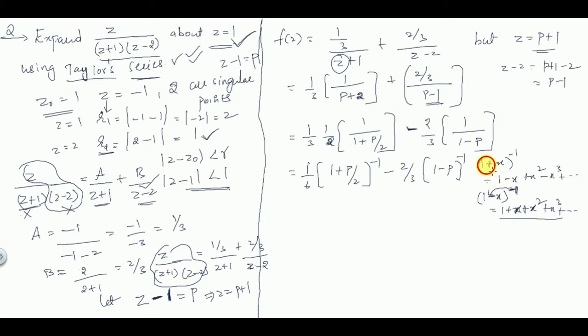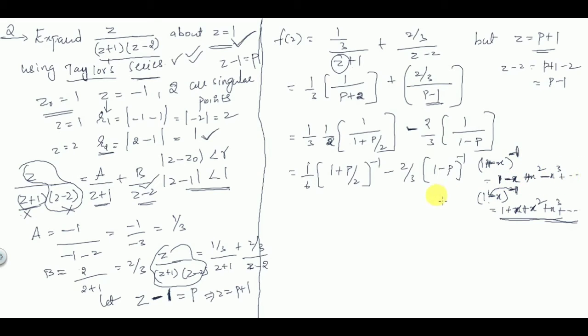If one is plus and other is minus, you will have plus and minus alternatively. Okay, if both are negative, so minus into minus becomes plus, so every term is plus only in the binomial expansion. So if you have a positive and negative, so alternatively you will get positive term and negative, positive, negative, positive, negative.